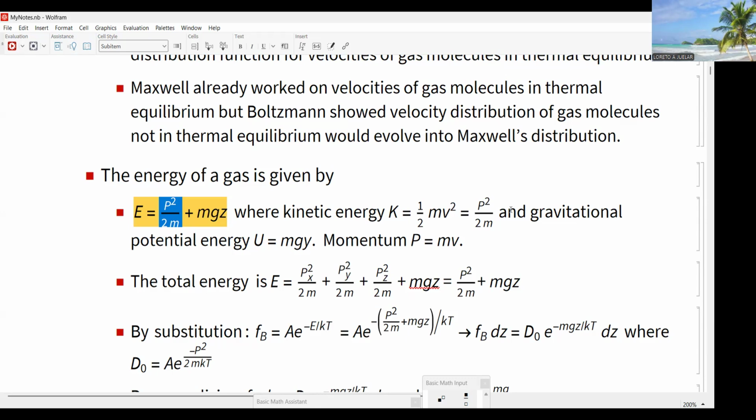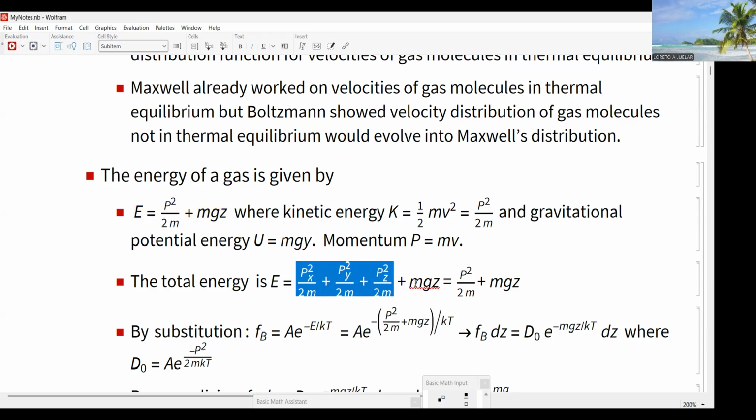So the total energy is equal to the sum of kinetic energy and gravitational potential energy, or in short, the total energy is equal to the square of the momentum over 2m, where m is the mass, plus the gravitational potential energy.